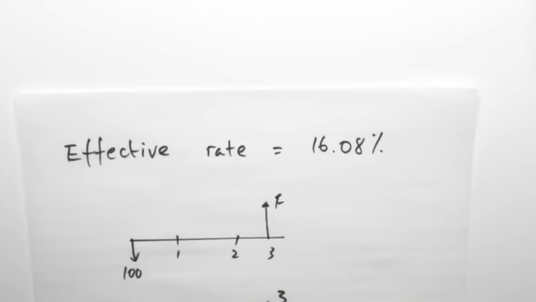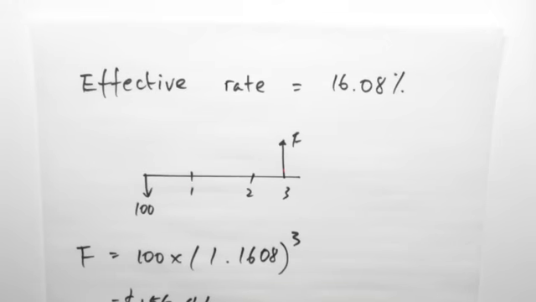From before, we know our effective interest rate is 16.08%. All it means is that this rate, 16.08%, already includes the monthly compounding effect. So we don't need to look at the monthly period anymore; we can just look at it on a yearly basis.